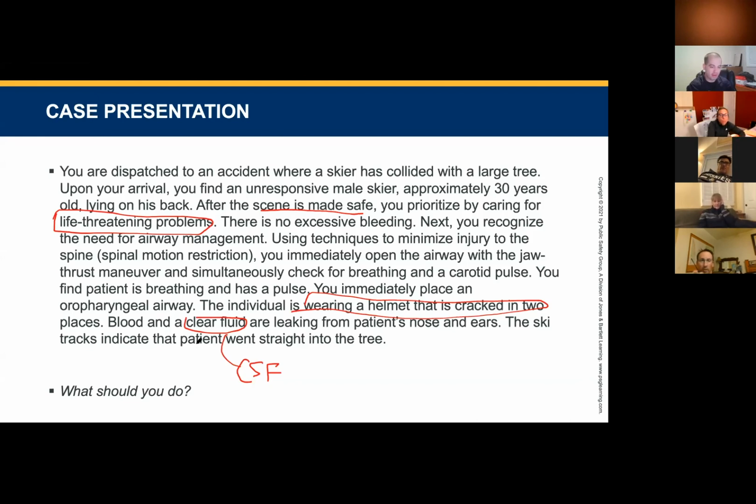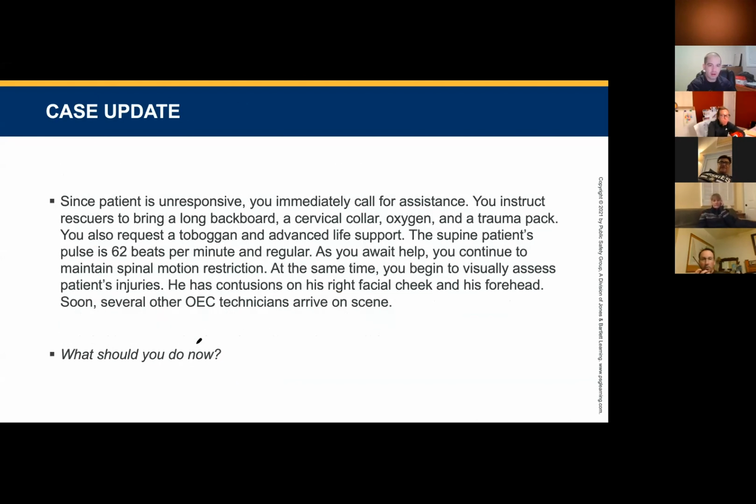All right. So the patient is unresponsive. You immediately call for assistance. You instruct rescuers to bring a long backboard, cervical collar, oxygen, and trauma pack. You also request a toboggan and advanced life support. The patient's pulse is 60 beats per minute and regular. Are you guys concerned with this 60 beats per minute?